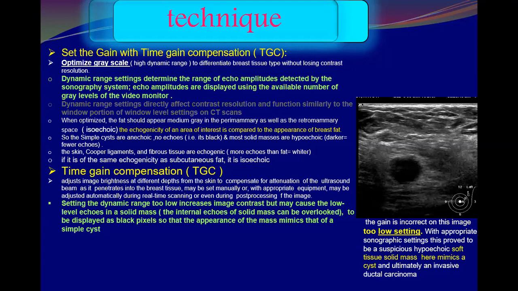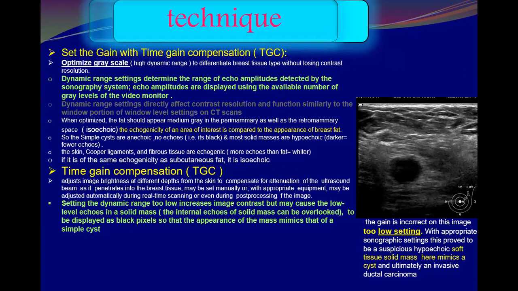Most soft tissue or solid lesions are hypoechoic if they are darker than the fat. If it is black, we say this is anechoic, in the case of a cyst. And if it is brighter, like Cooper ligaments and fibrous tissue, this has more echoes than the fat.